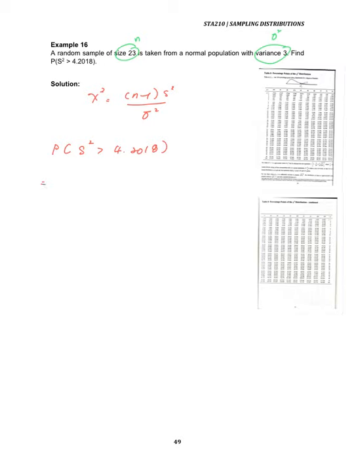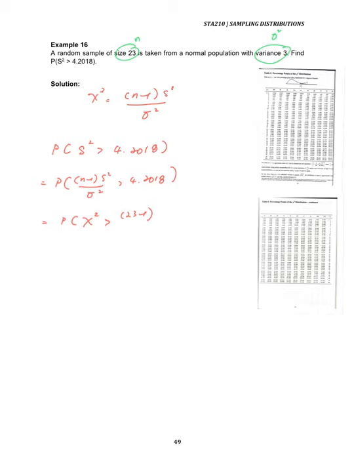Okay, we should write like this. The formula of chi-square tadi kita dah tahu, formula dia adalah n minus 1 s square over sigma square. Kita tulis je balik 4.2018, so dia akan jadi chi-square greater than. Okay, waktu itu maklumat yang kita ada, n equals 23, so 23 minus 1, times s square.